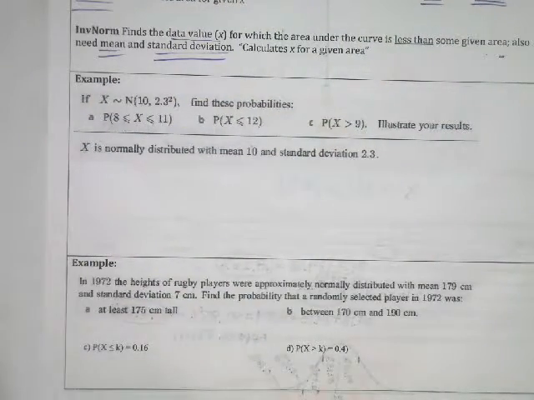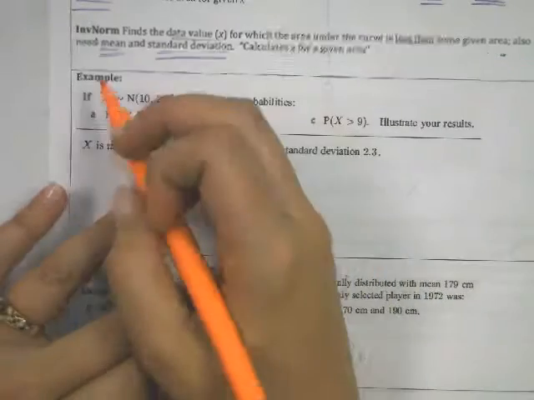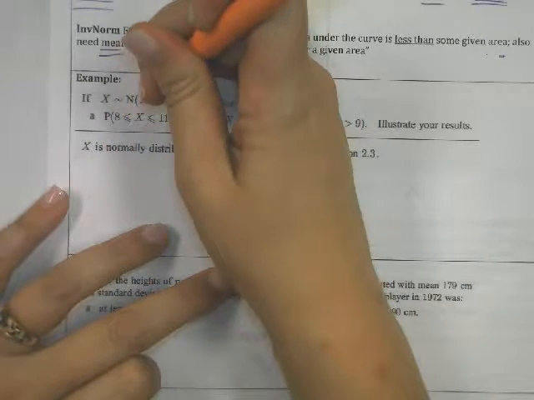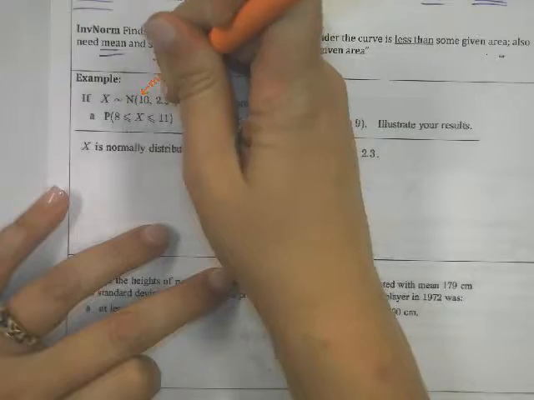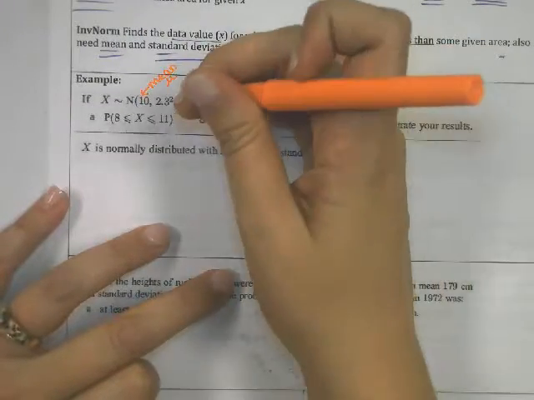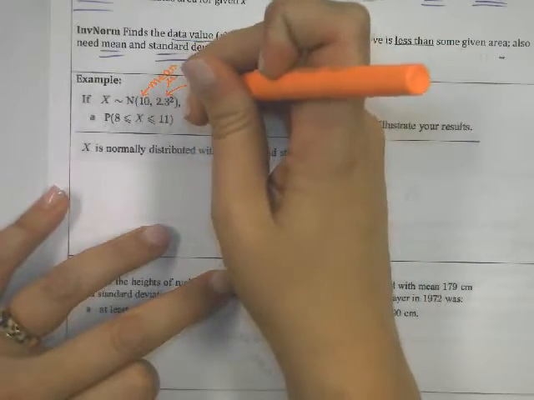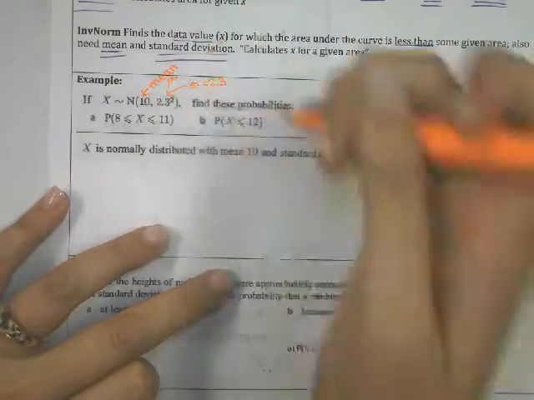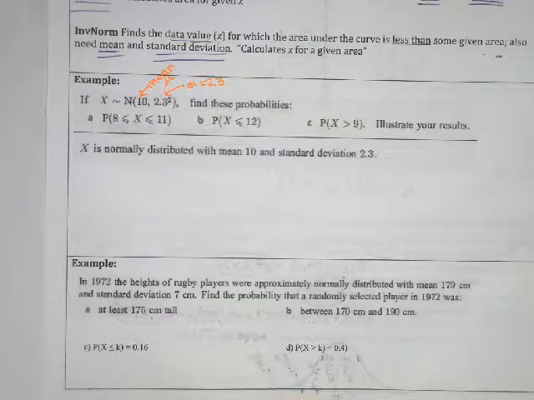All right, so let's see if we can answer these questions. So this says x is approximately normally distributed with a mean of 10 and a standard deviation, it says 2.3 squared, so our standard deviation is 2.3.